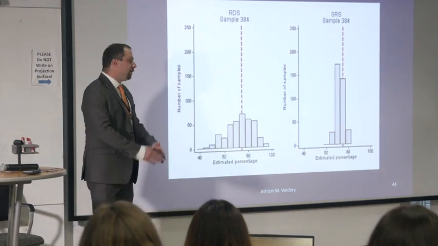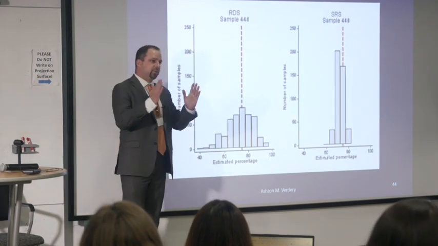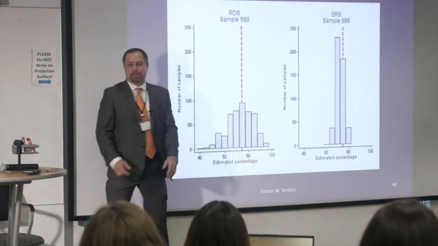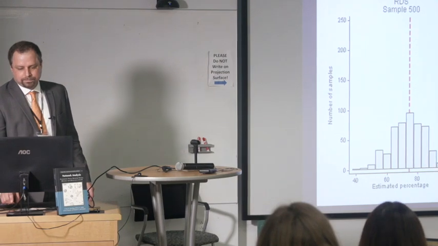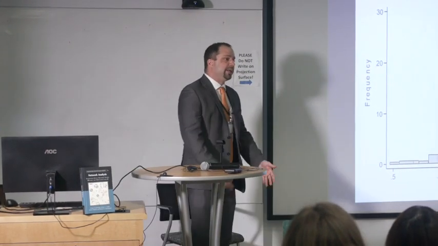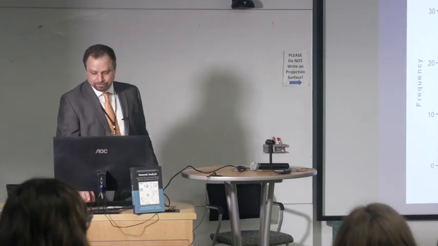And if I were to increase the number of people sampled, the simple random sample distribution would get even closer around the mean. The RDS sample is not guaranteed to do that. And this illustrates that. If you increase the sample size in each case, you have the same problems.